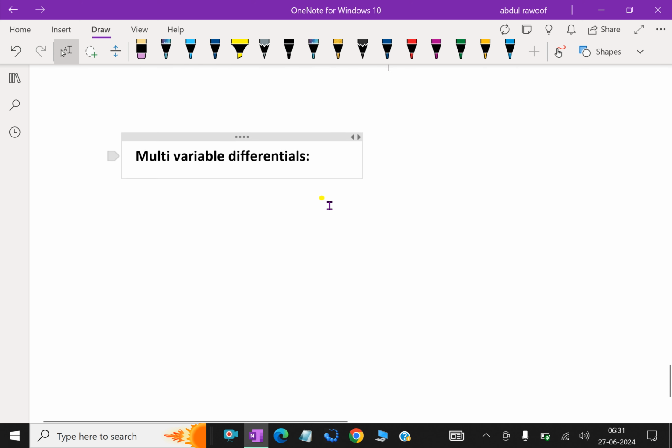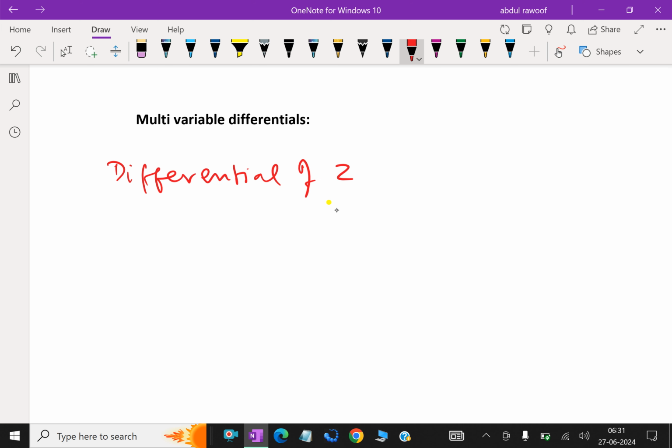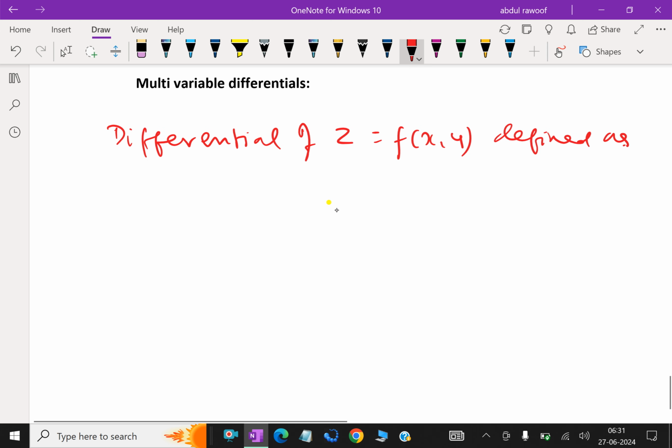Next is multivariable differentials. Here the differential of z, where z equals f of x comma y, is defined as follows. Look at here, dz.